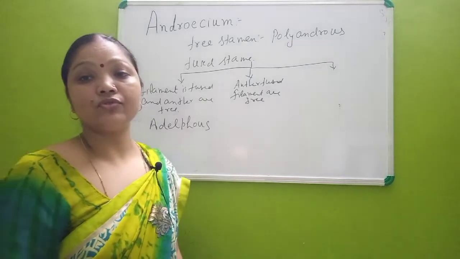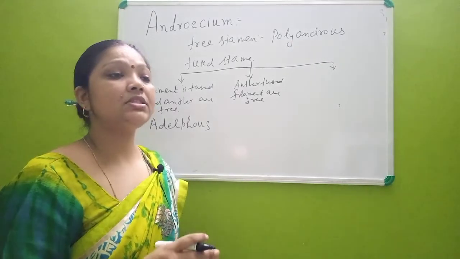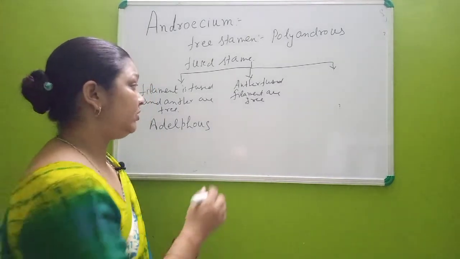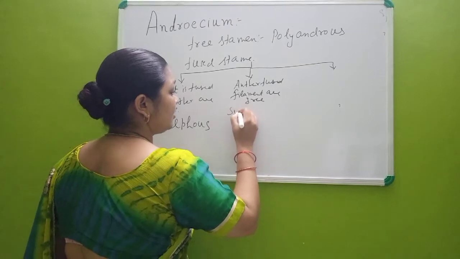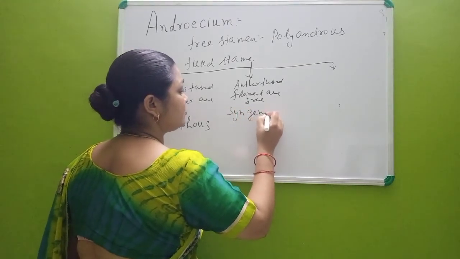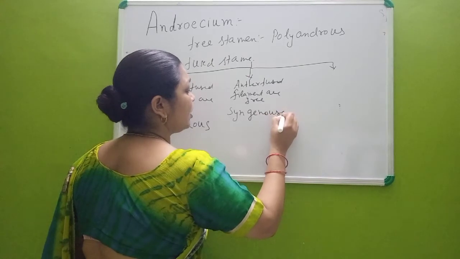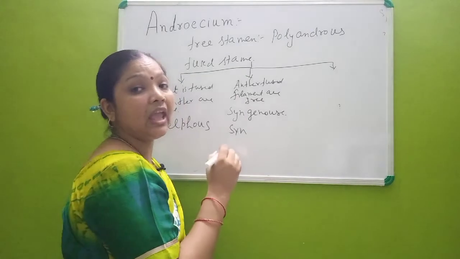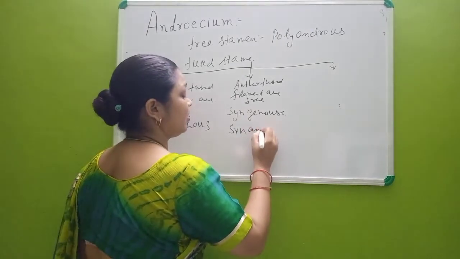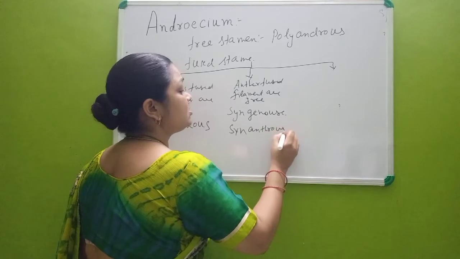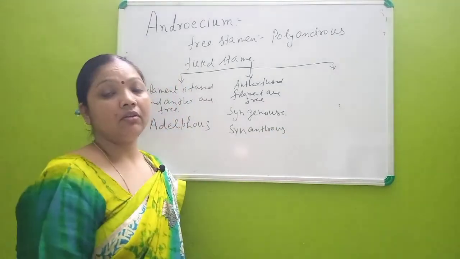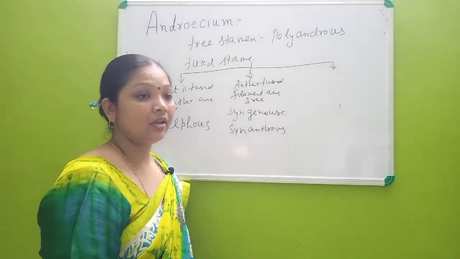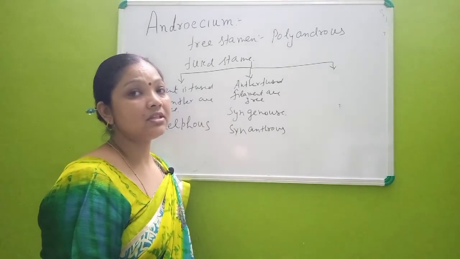If anthers are fused and filaments are free, this type of condition is called syngenesious condition. The next name is synanthrous condition. Syn means fused. So synanthrous means the anthers are fused together, and this is called synanthrous condition.